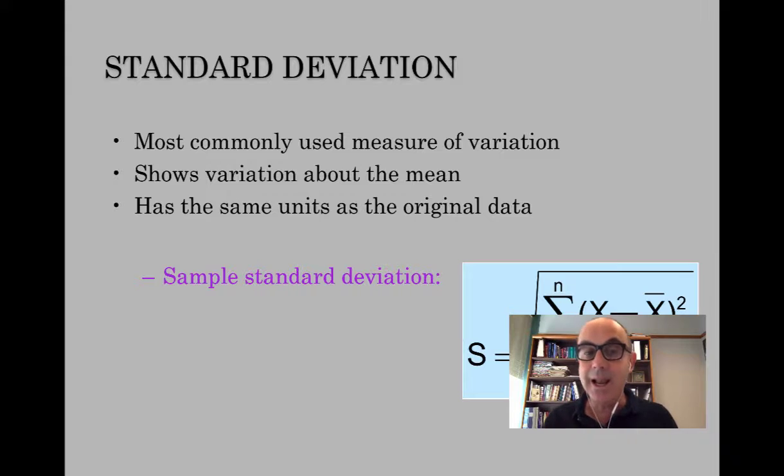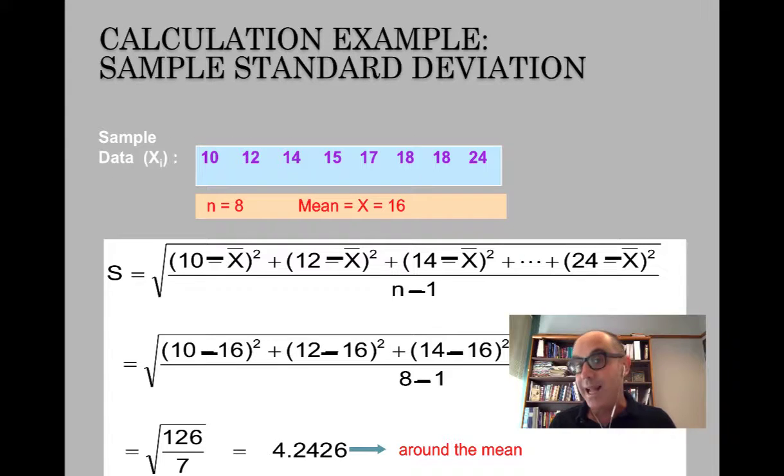So let's look at that from the perspective of the standard deviation, which is basically the most common way for us to measure. The sample standard deviation formula stands as follows, and this is how we calculate that. Let's see an example. In this case, we are using the mean, and we are using n as a way for us to calculate.